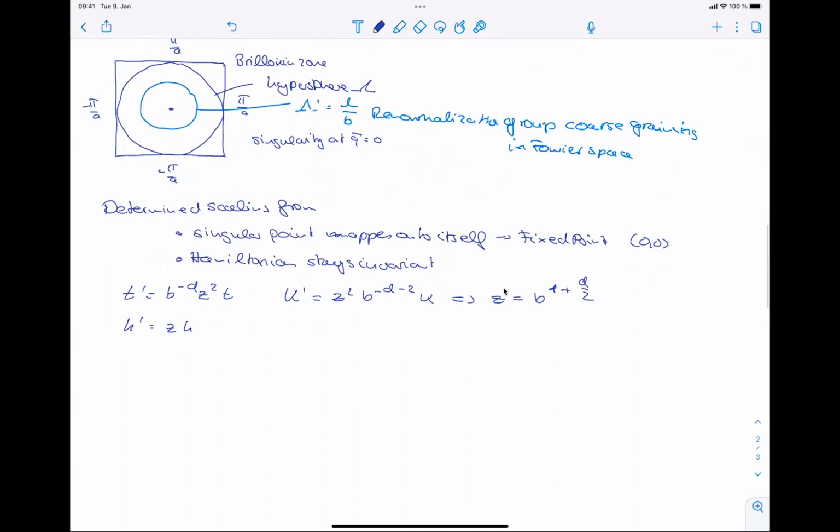And then inserting this back into the scaling, we can directly extract the scaling of the relevant variables, namely b^2 T and b to the minus d over 2 H, which means that c_T is 2 and here c_H is 1 plus d over 2, and then all the critical exponents follow.